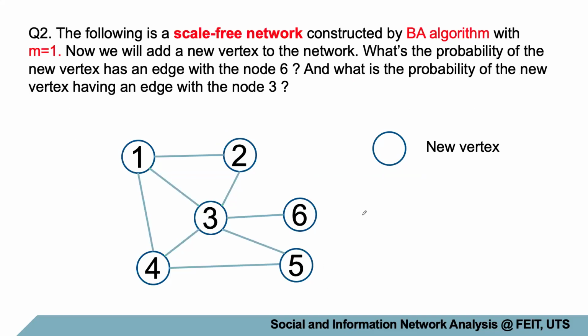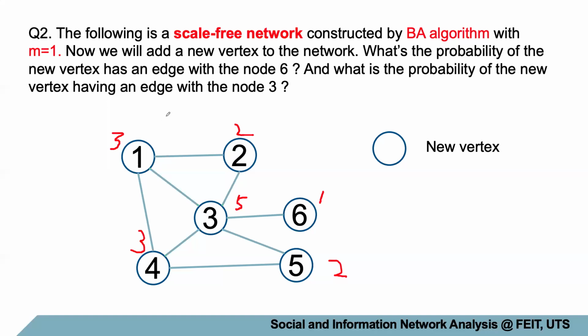So we can count the degree first. For node 1, degree is 3, node 2, degree is 2, node 3, degree is 5, node 4 is 3, node 5 is 1, node 6 is 2.